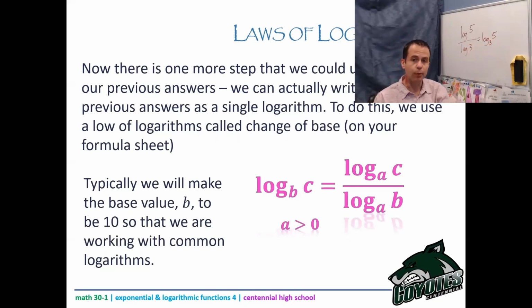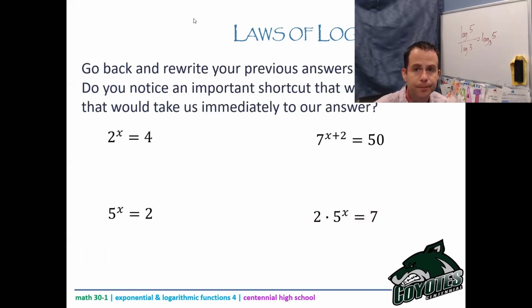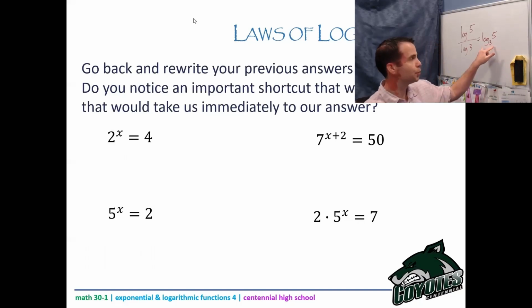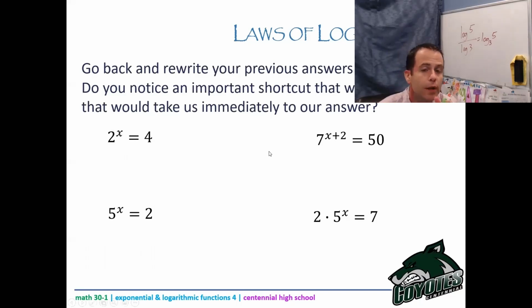Okay, so now I want you to look at the first 4 examples that we did together. I want you to take that exact value answer and see if we can switch it to a form like this for a sec, because we're going to try and develop one more formula. So if you looked at the 2 to the x equals 4, you ended up with an answer that said log 4 over log 2.